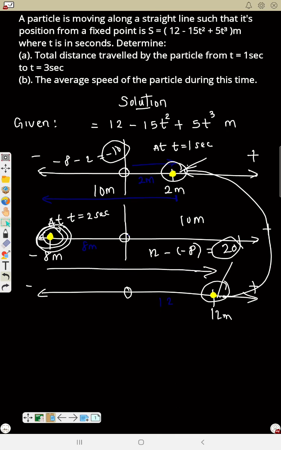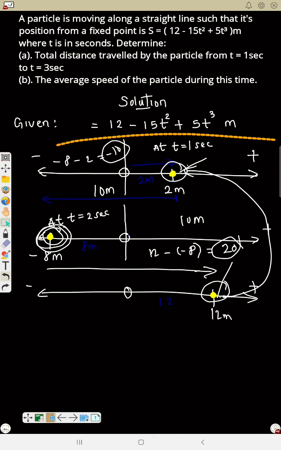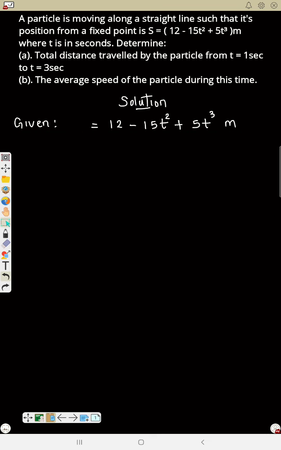You should take note. Now, with all these things we have analyzed, I'll use one line to represent all the journey. As you can see, I have shown that the total distance is 30. This is the origin. At t equals 1 second, the particle is at 2 meter.